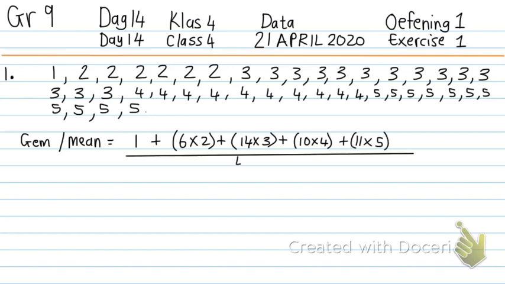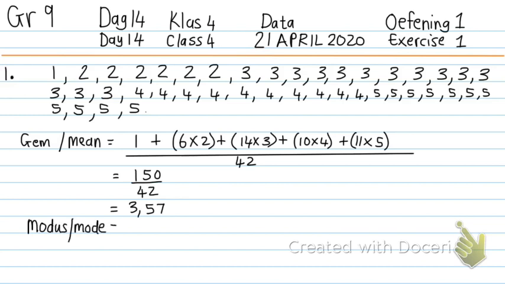If I add all of that, then I am dividing it by 42 because there are 42 numbers. So that gives me 150 divided by 42, and that is 3,57.